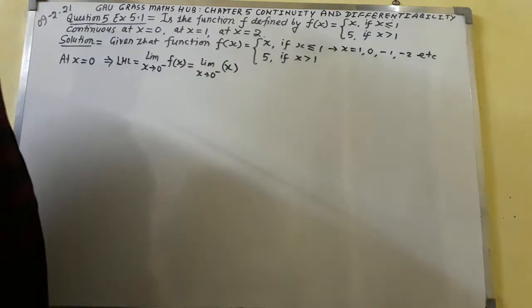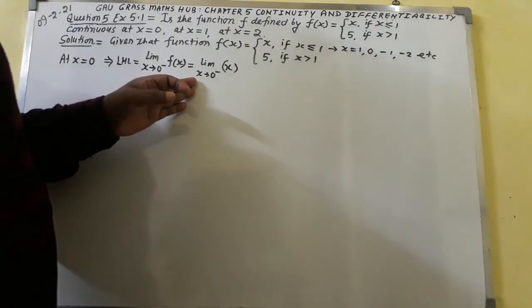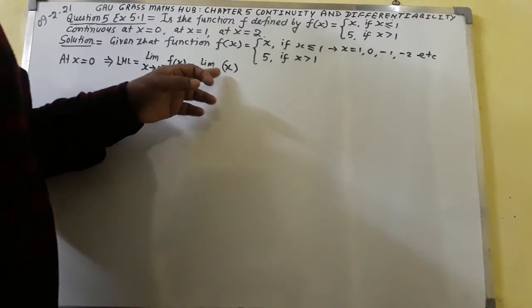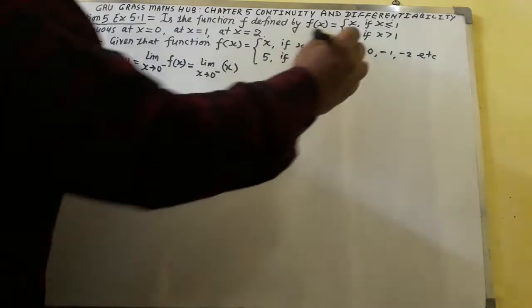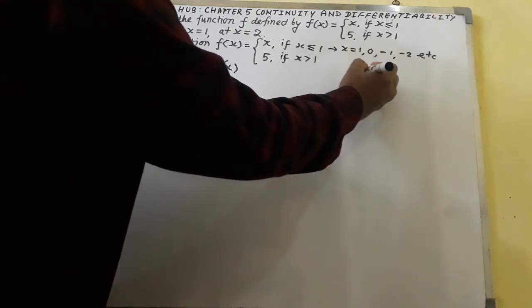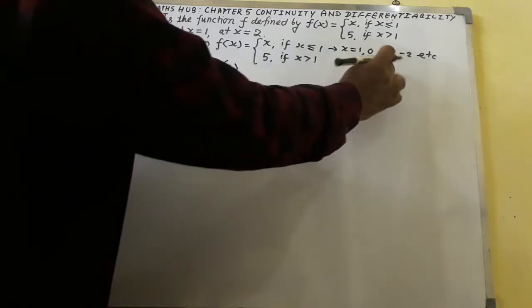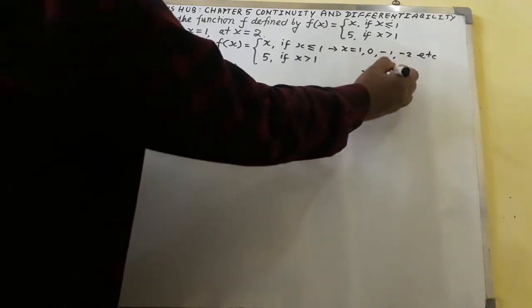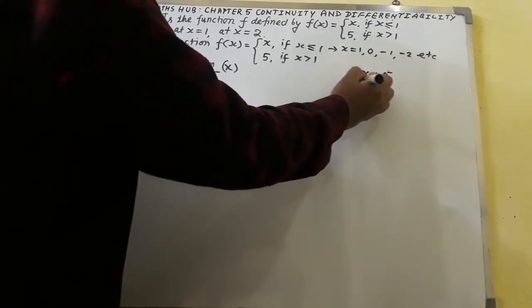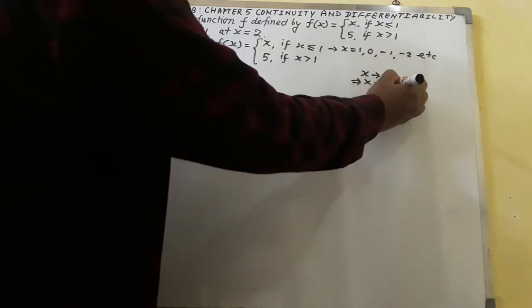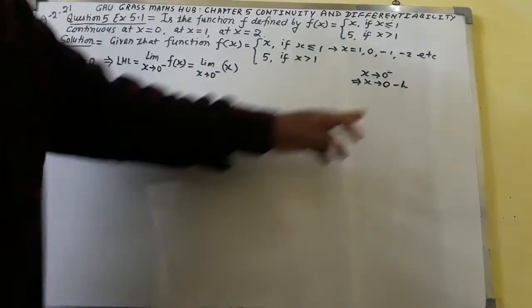Now do the rough work here. Here you can see x tends to 0 negative. So here I can write in rough work x tends to 0 negative. This implies that x tends to here negative, the sign will go in the center, so 0 minus h. h is a fixed constant.